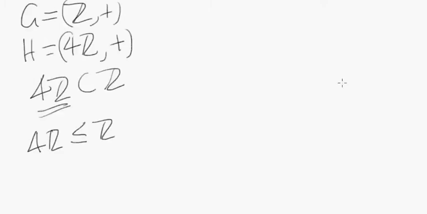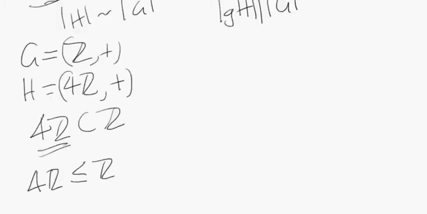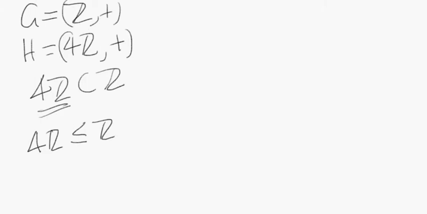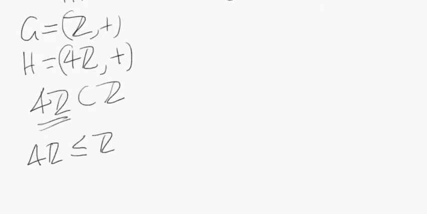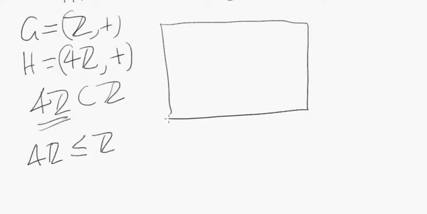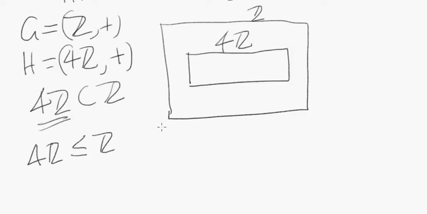So now we've gotten ourselves this scenario. We've gotten ourselves a group G, in this case Z. We've picked a subgroup of Z, which we are calling 4Z. And in particular we want to talk about the left cosets.